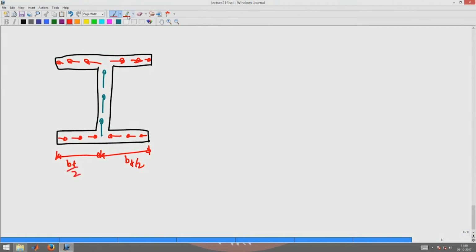These two horizontal forces cancel each other, they will be of the same magnitude, as does the horizontal force on the top flange on this side and on this side. And the sum of these vertical shear stresses would integrate to give you Vy, that is, the integral of sigma xy dAx gives Vy.